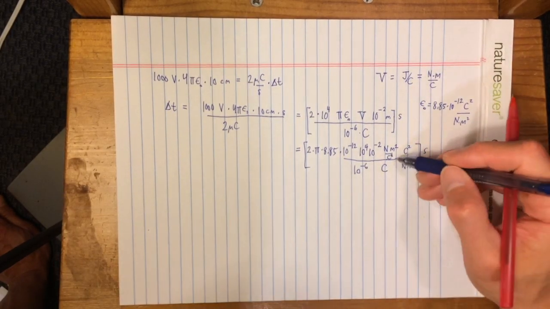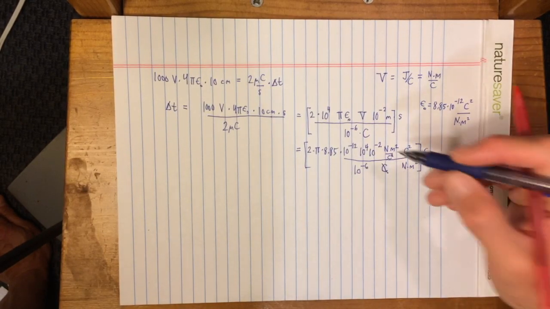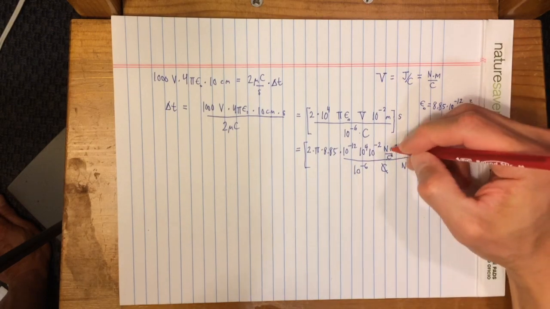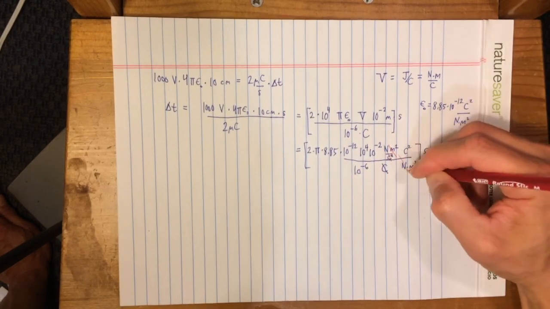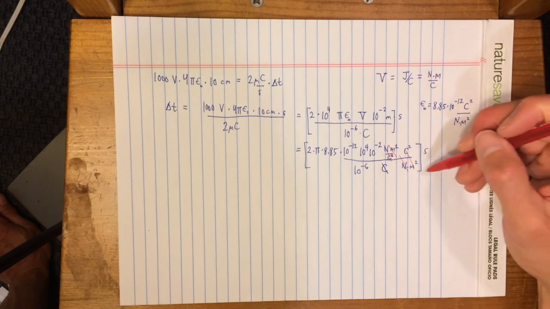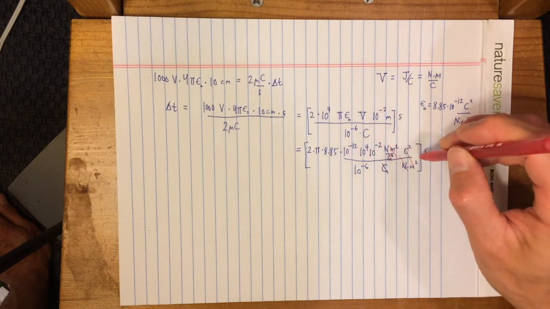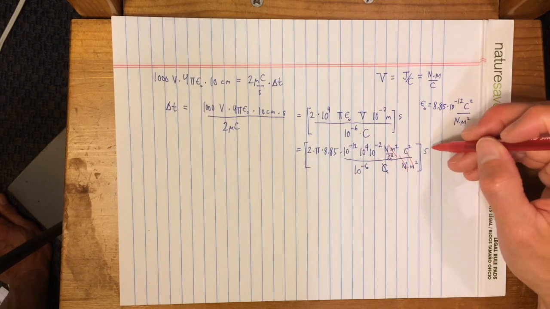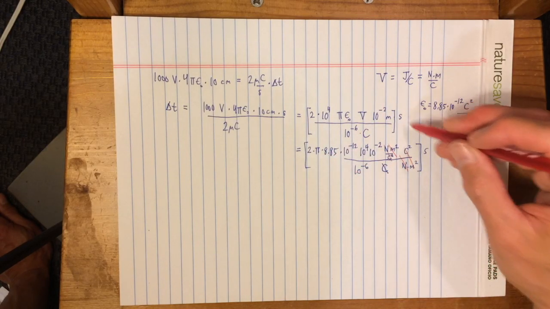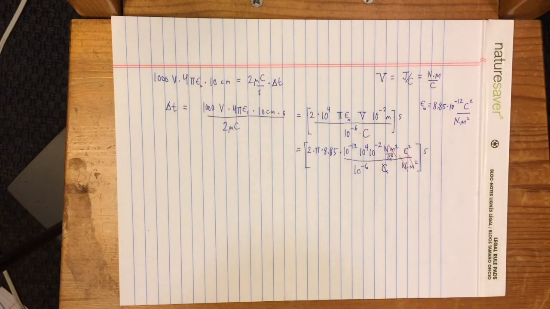Actually I built up this coulomb to be coulomb squared, and all of this is the inverse of all of that, so they multiply to be 1, and everything inside the square bracket, as promised, is unitless. It's dimensionless, and the only dimension is the one I kept on the outside, which is time. And that's what we're calculating. We're calculating a time. So it's very nice to see all that happen.